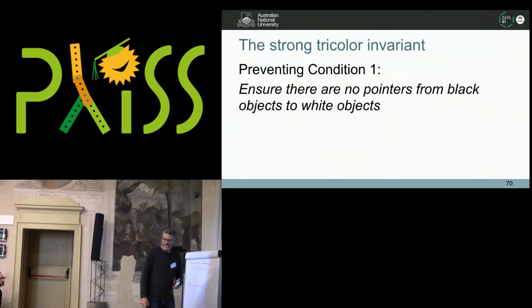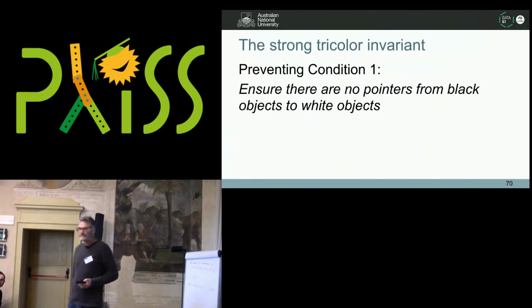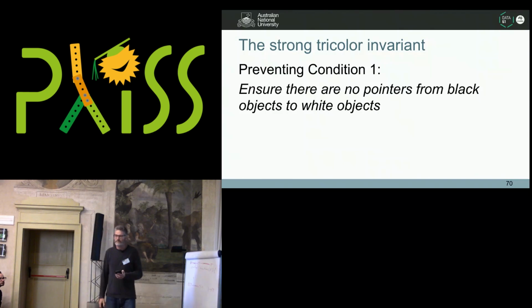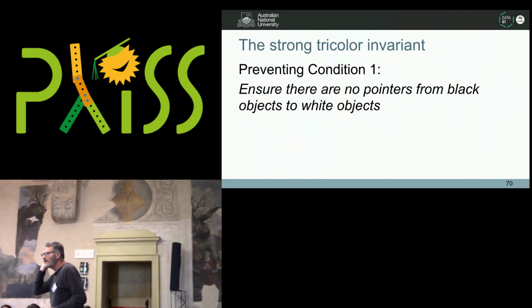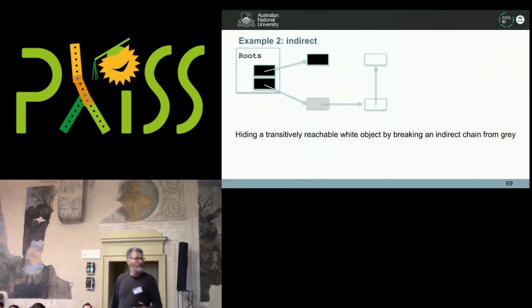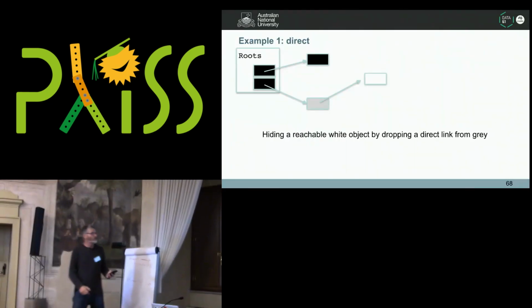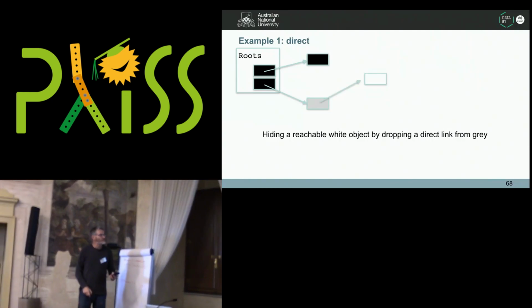Okay. So, question? Does it also happen if you remove links from white? Yes. Yep. It also happens then, yeah. Sorry? Why is it a problem if you have this hidden white object? Because it won't be collected the next time. It's not the reference in the white object that I'm worried about.